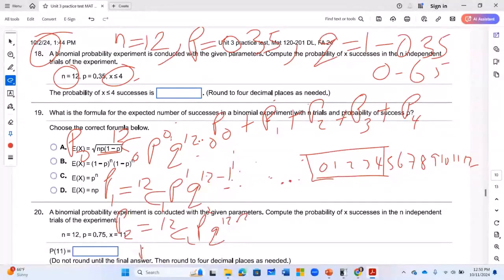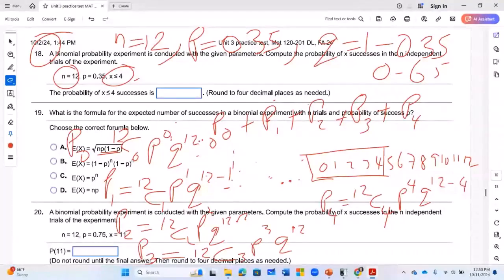If I'm looking for P3, P3 equals 12 combination 3, success to power 3, failure to power 12 minus 3. And then I'm going to do 4 because I need P4 also. P4 is equal to 12 combination 4, success to power 4, failure to power 12 minus 4.